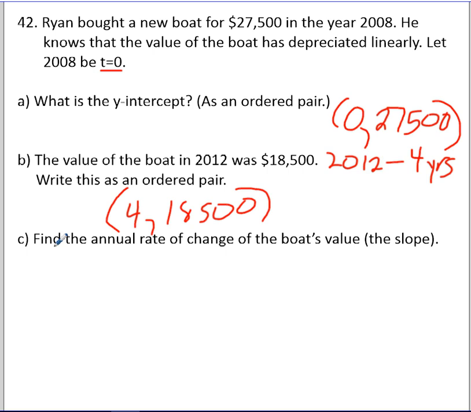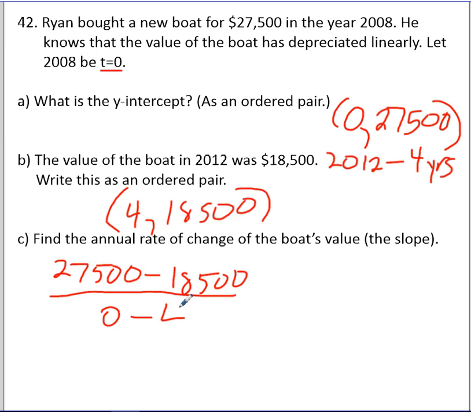So our slope, our change in the y value, which is the change in the cost, we went from 27,500 down to 18,500. And we went from year 0 to year 4. So when we subtract the dollar amount, we get -$9,000.